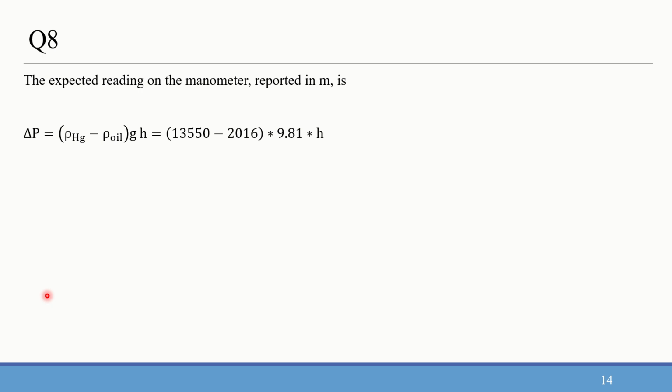Delta P is given as density of mercury minus density of oil into G into H. In the previous problem, H was unknown, so we calculated delta P differently. Now we can use that delta P in this equation and back calculate H. So that is how we are going to do it.